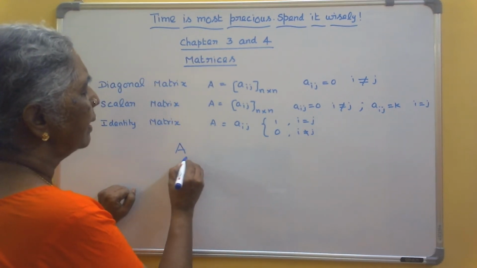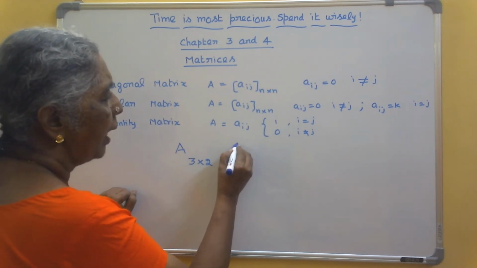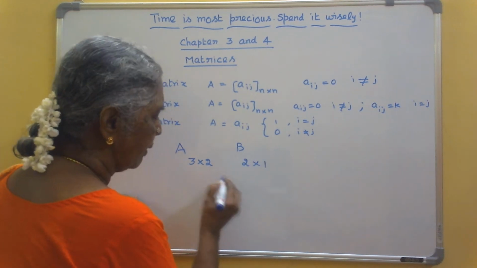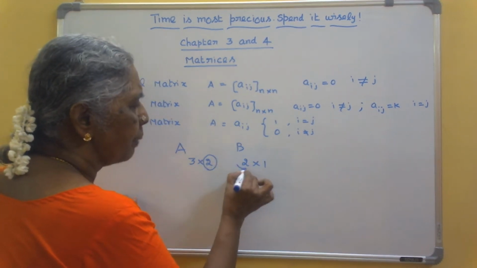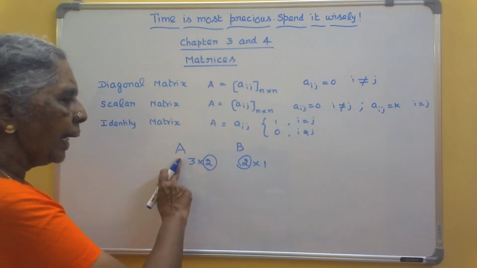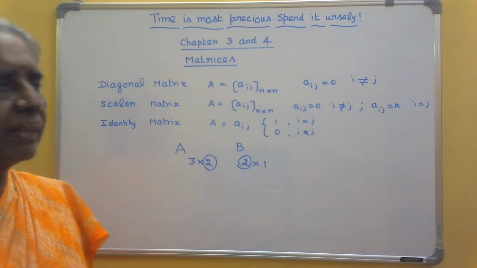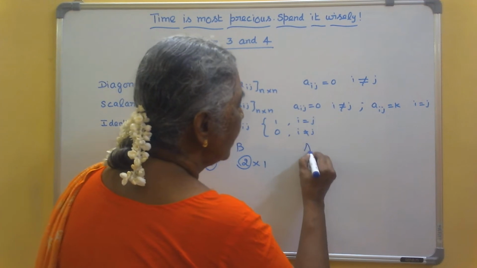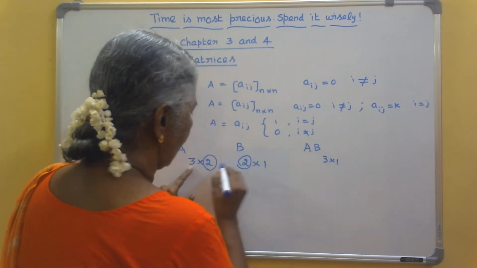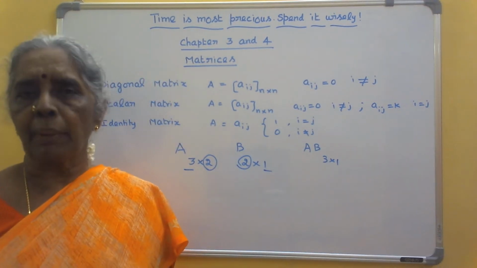Suppose A is a matrix of order 3 by 2 and B is a matrix of order 2 by 1. The columns of the first matrix are equal to the rows of the second matrix, so AB is defined. What will be the order of AB? These two are equal, so the order will be 3 by 1.